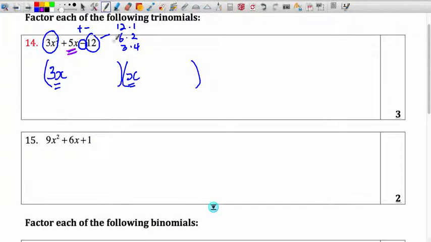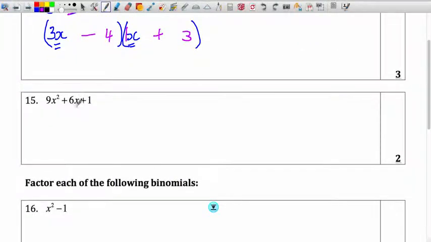So I need 3x times the 3, and I need this 1x to be multiplied by the 4, and that is going to allow me with the answers of 9x and 4x to get to 5x. I need this to be positive, plus 9x minus 4x will give me my plus 5x.